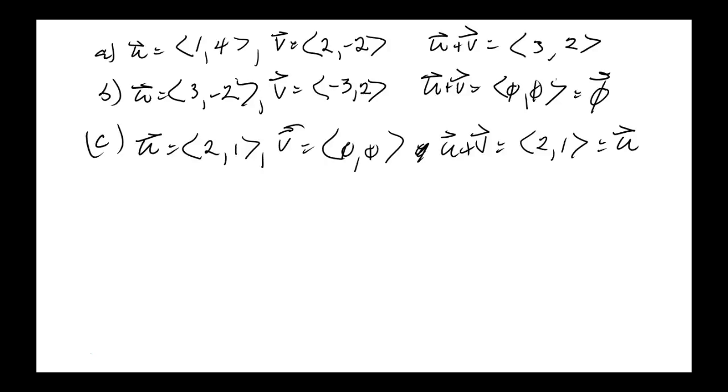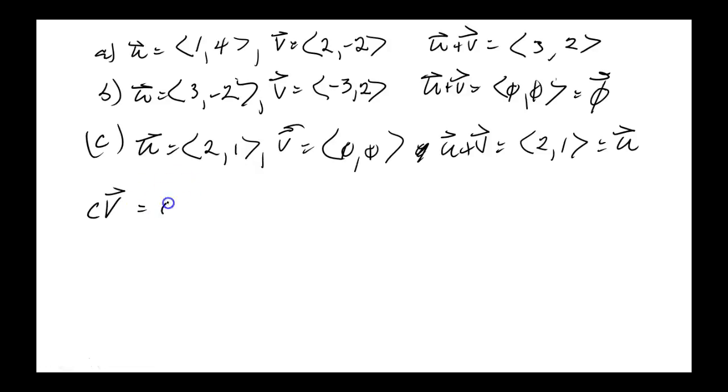It's there. The second basic vector operation besides vector addition is scalar multiplication. Okay? To multiply a vector v by a scalar c, you multiply each component of v by c.